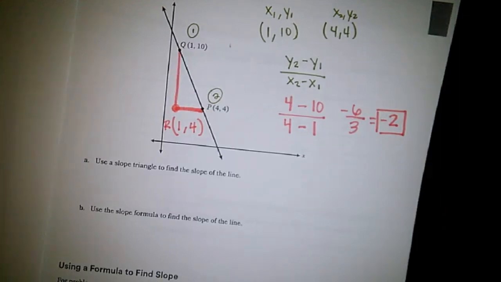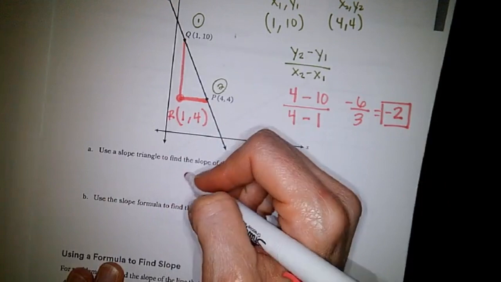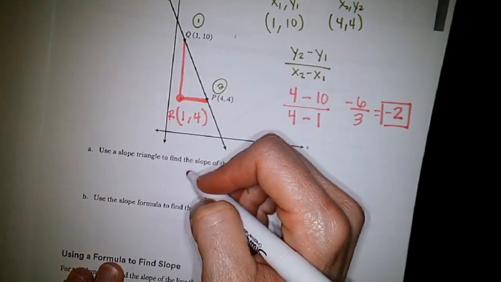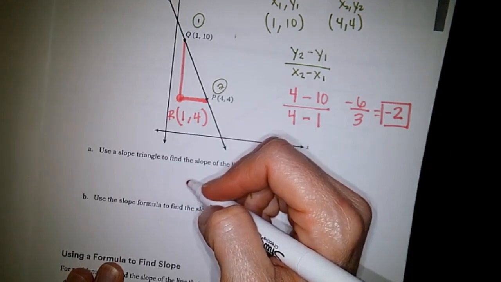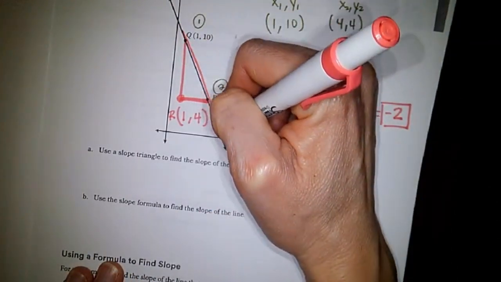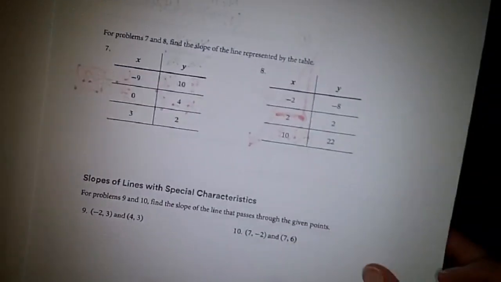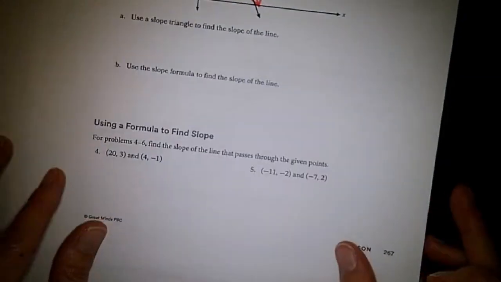Our slope is negative 2. This is a negative line, it's going down, right? Okay, flip. Let's look at numbers. Oh, I am so sorry. Never mind, don't flip, go to the bottom. I missed those 2 problems.